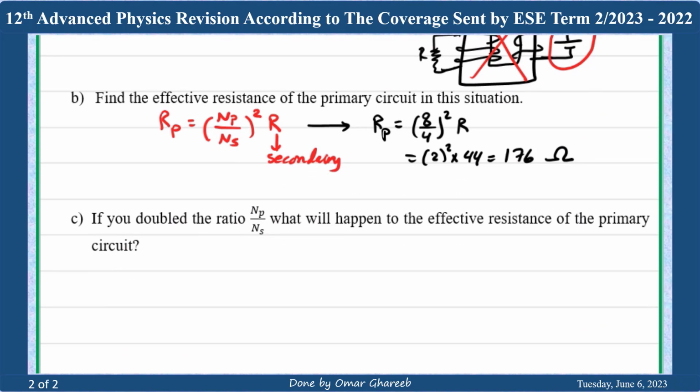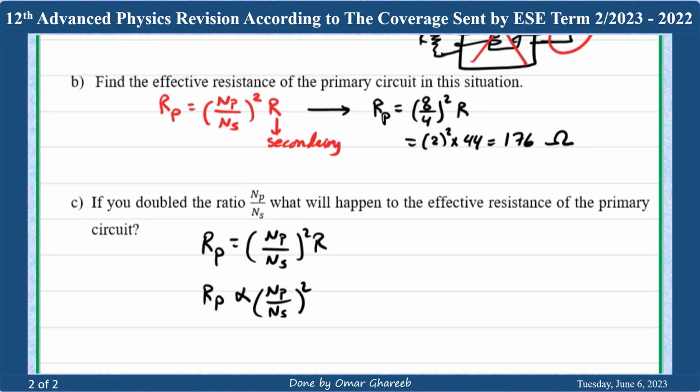If we double NP over NS, we double the ratio NP by NS, what will happen to the effective resistance? As the formula above, it is NP over NS squared times R. So RP is directly proportional to NP over NS squared.